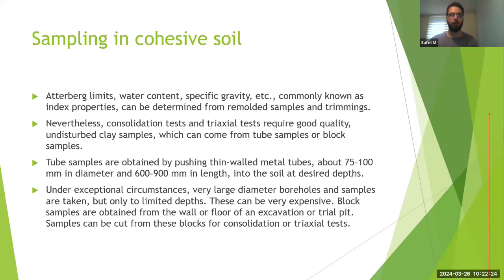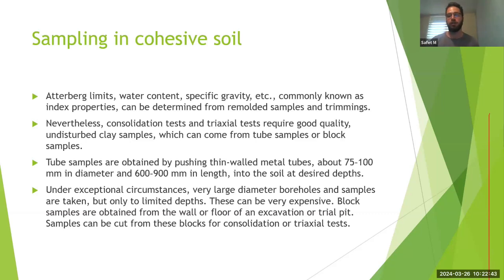When we speak about sampling in a cohesive soil, we look first at getting Atterberg limits, water content, specific gravity, etc. That would be commonly known as the index properties, and those can be determined on remolded samples.